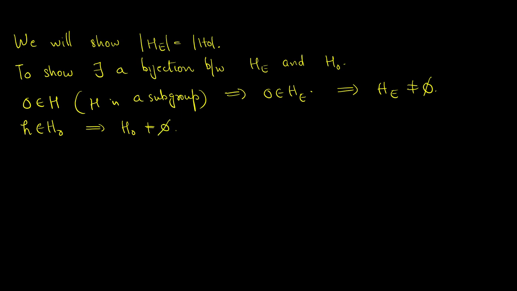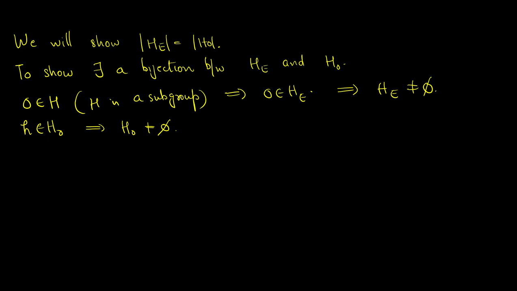So we have two non-empty sets, and if we give a bijection between them, then their cardinality has to be the same, right? So let's try to construct a bijection. For constructing a bijection, we are going to use a very simple idea: if we add an even number and an odd number, we get an odd number.